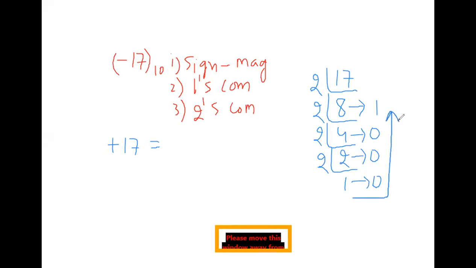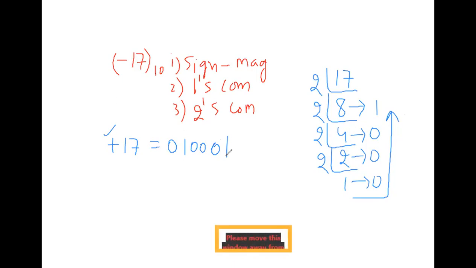So the answer is 1, 0, 0, 0, 1. This is the magnitude, but the plus symbol is there, so we put 0 before. The MSB bit will be 0. So the answer will be 0, 1, 0, 0, 0, 1. This is for plus 17.